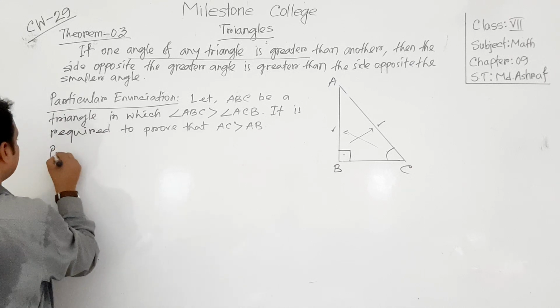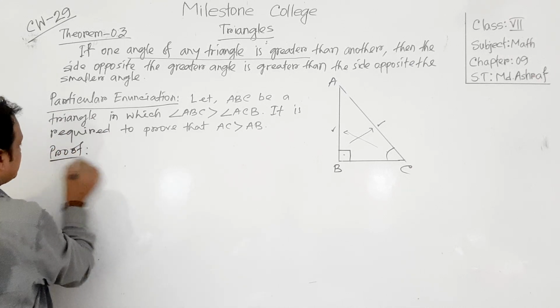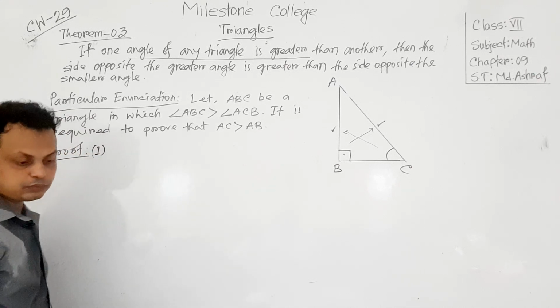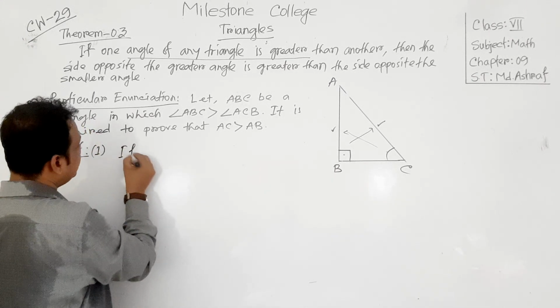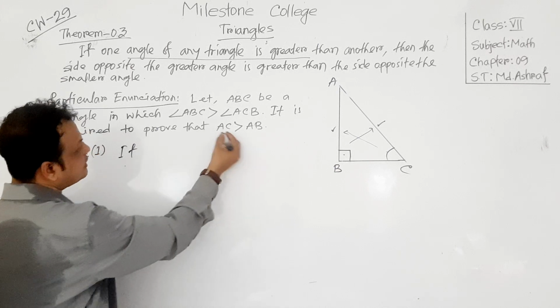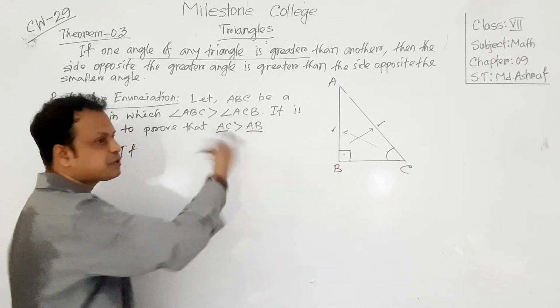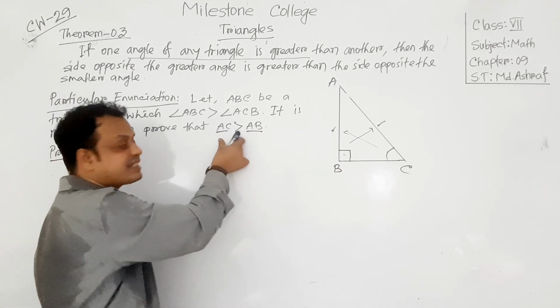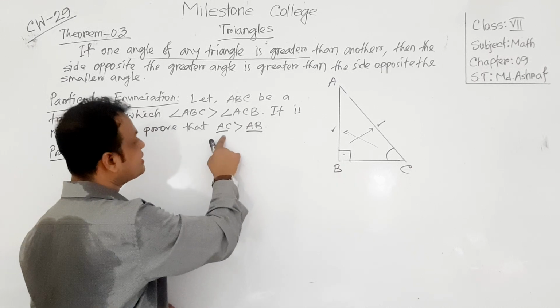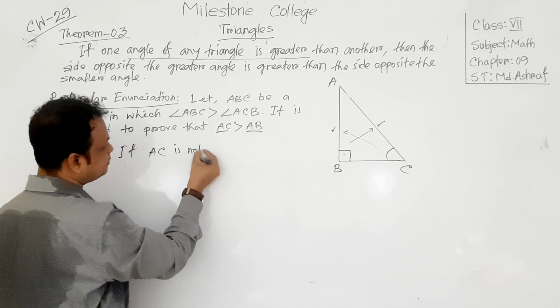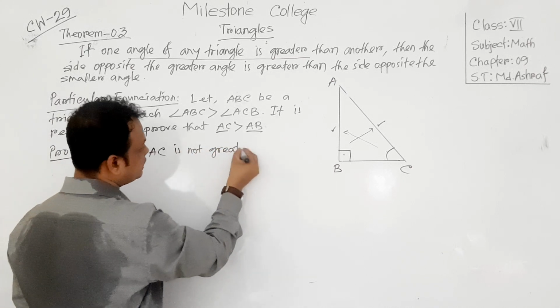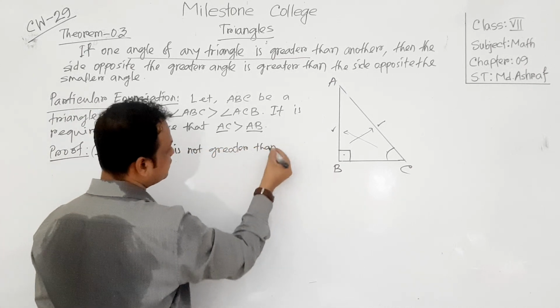Now write the proof. First point: if AC is not greater than AB. Suppose, think that we have to prove AC greater than AB, so consider AC is not greater than AB.